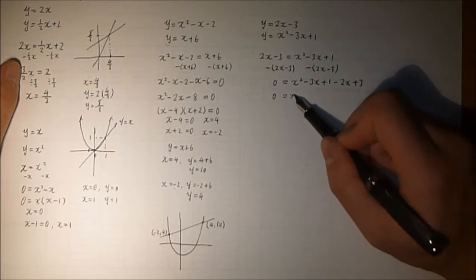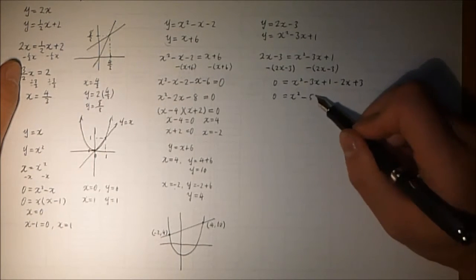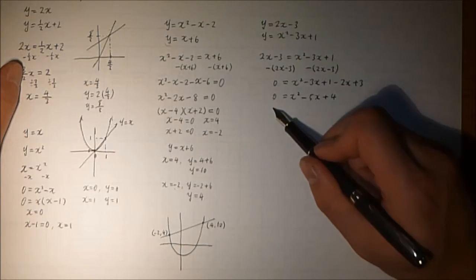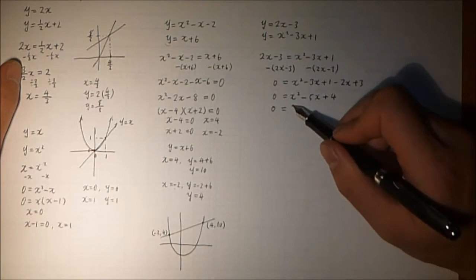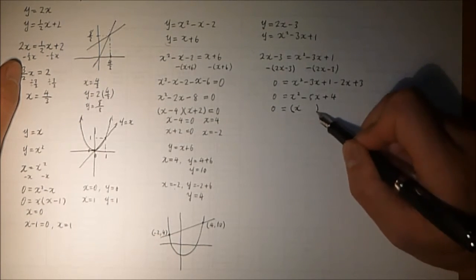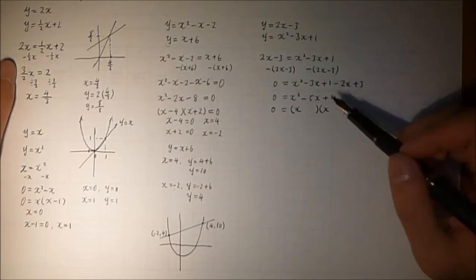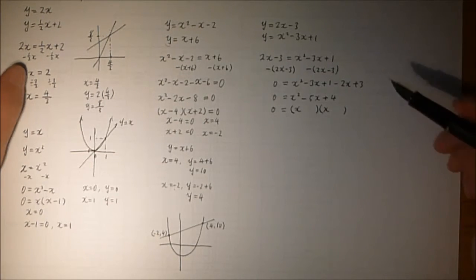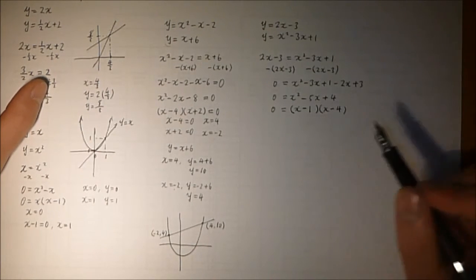So we end up with x squared minus 3x minus 2x gives us minus 5x, plus 1 plus 3 gives us 4. And we can factorize this. So we have x with something and x with something else. Obviously, these two numbers, when we add them, they have to give you negative 5, and when we multiply them, they have to give you 4. So these numbers can only be negative 1 and negative 4.